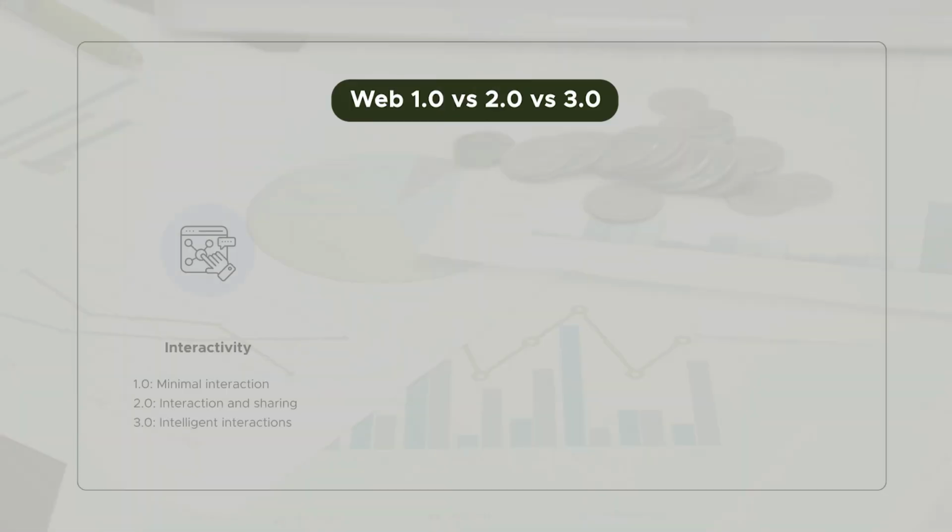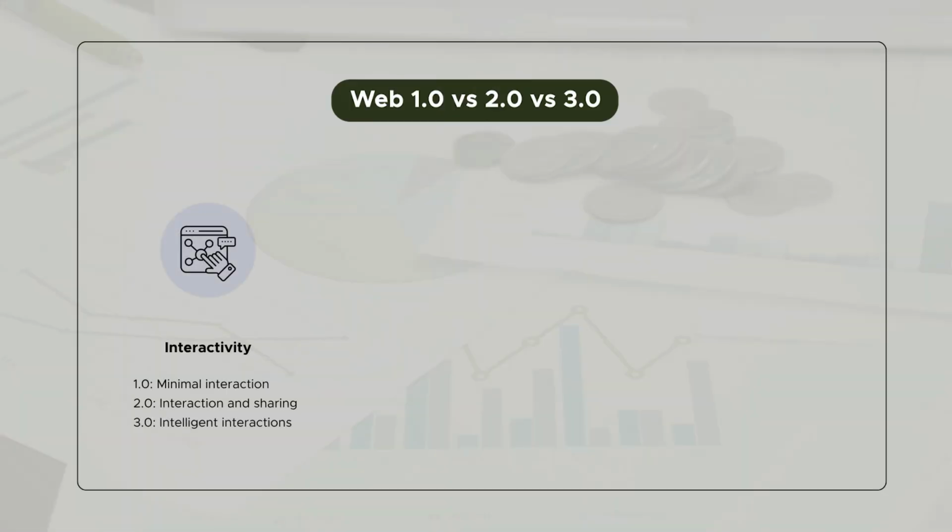Let us now look at a quick comparative analysis of these three. One, interactivity. Web 1.0 had minimal interaction. Web 2.0 was all about interaction and sharing. Web 3.0 is about intelligent interactions. Two is data control. Web 1.0 and Web 2.0 saw centralized control of data by big corporations.